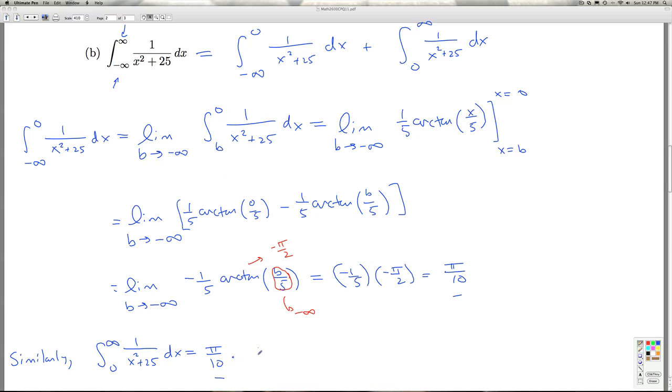So I put these two things together, hence the integral from minus infinity to infinity of 1 over x squared plus 25 dx is the sum of these two, which is 2 pi over 10 or pi over 5. So once again, since we get a finite number, we say this integral converges. So that'll do it for part B.